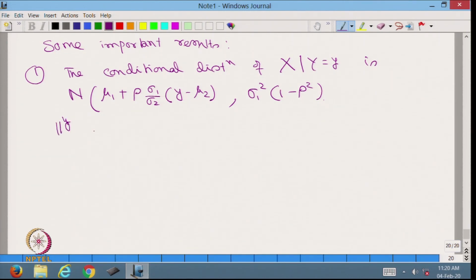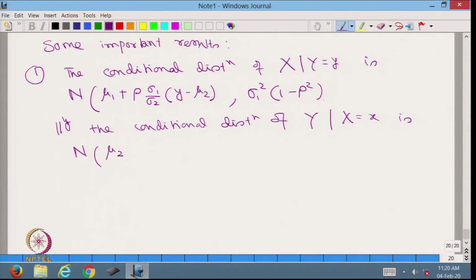Similarly, the conditional distribution of y given x is equal to x is normal with mean is equal to mu 2 plus rho sigma 2 upon sigma 1 x minus mu 1, and its variance is going to be sigma 2 square into 1 minus rho square.